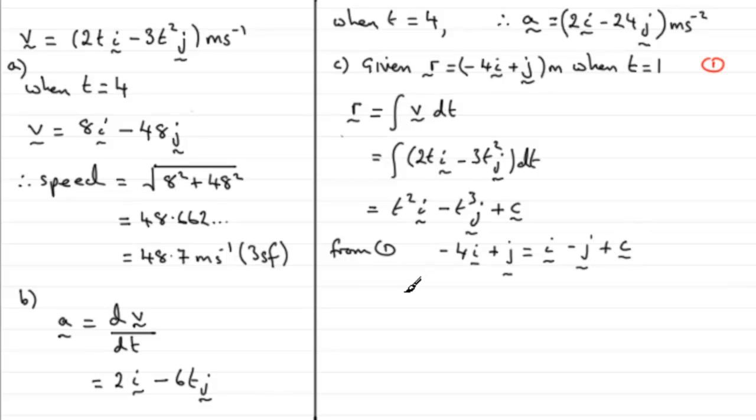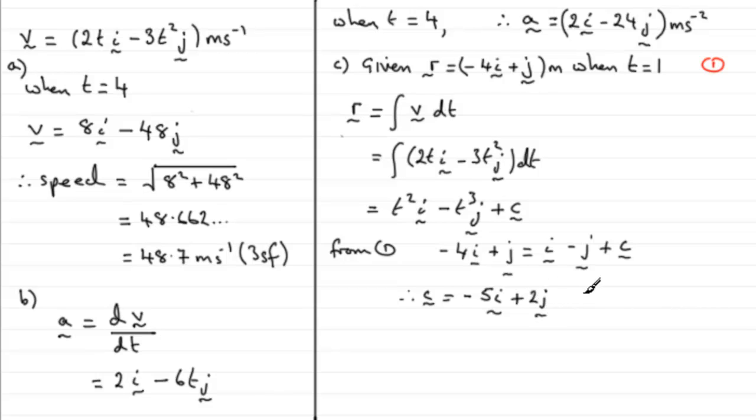So we can get what c is, therefore c equals, if we just take i from both sides and add j to both sides. So taking i from both sides gives us minus 5i, and then adding j to both sides gives us plus 2j.